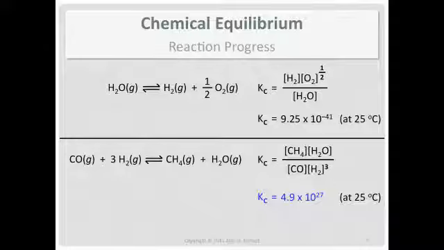Same question I asked before. 10 to the 27th. What's bigger in the equilibrium equation, the numerator or the denominator? Well, the numerator's a lot bigger. And the numerator is where we find the products.